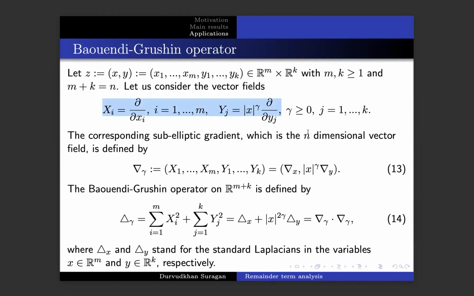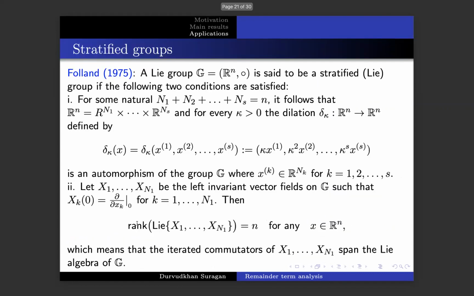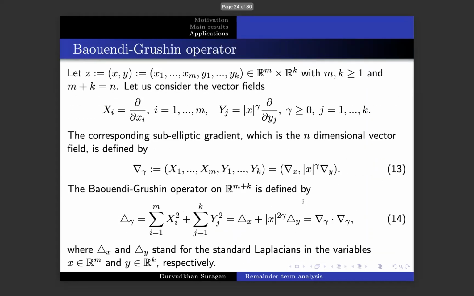In general, these vector fields do not satisfy the Hörmander rank condition. Only if this gamma is an even integer do they satisfy this rank condition. Otherwise, the Grushin vector fields do not satisfy even Hörmander's condition.